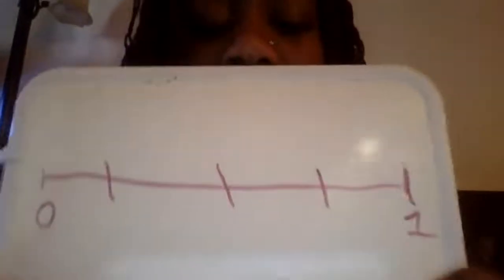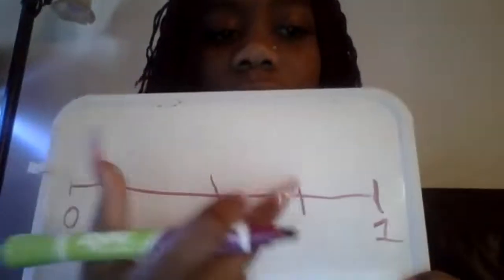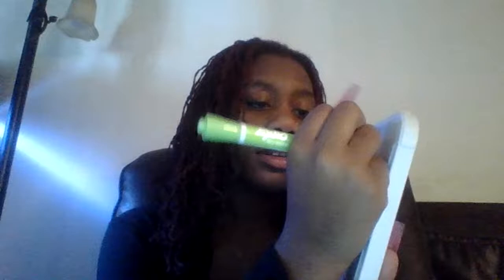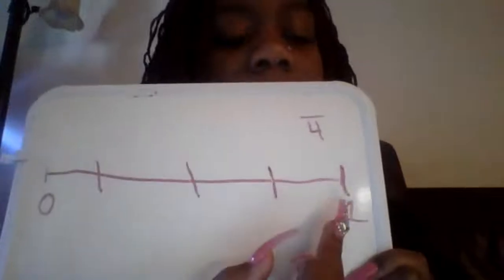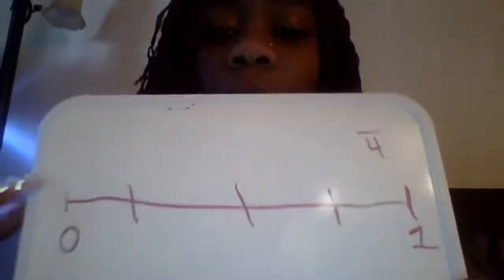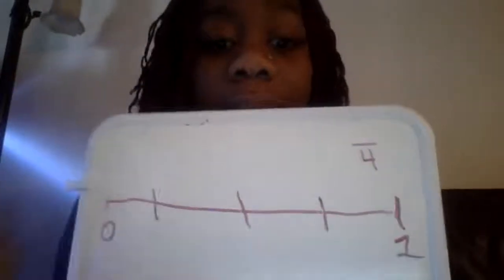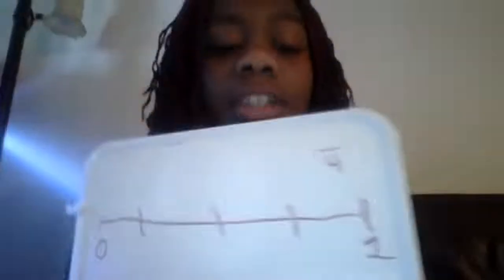So based off of how many ticks I have here, my denominator, I know for sure, is going to be 4. Based off of how many ticks are here from the 0 to the 1, that's how I know what the denominator is. So if I have 5 here, then the denominator would be 5.